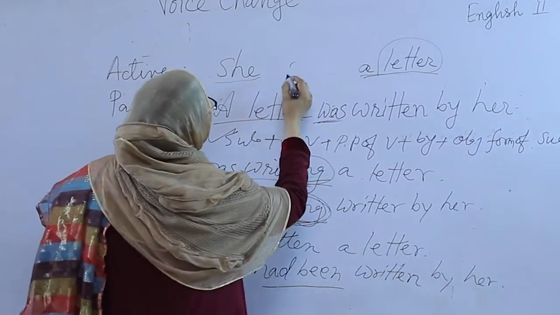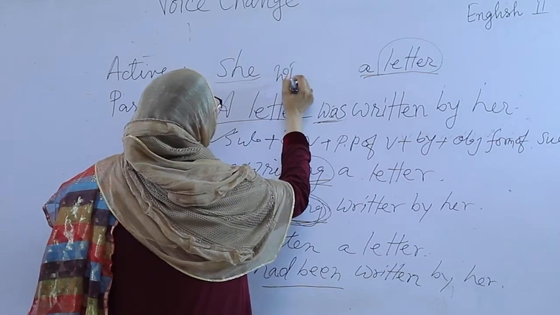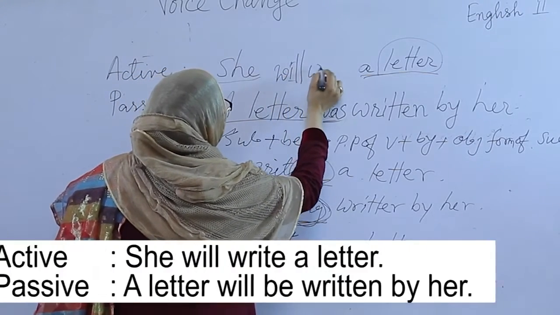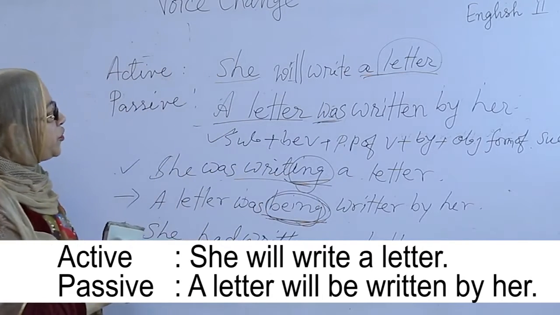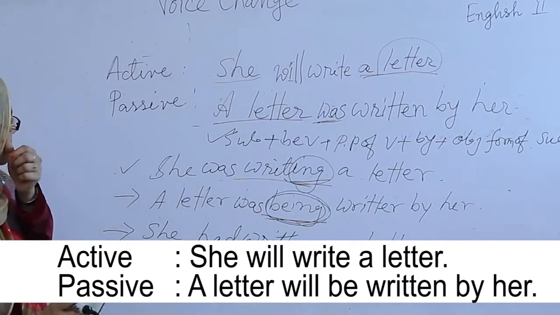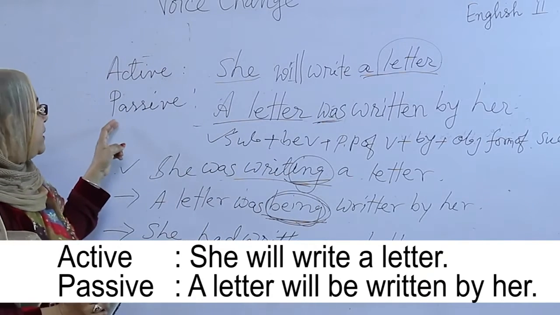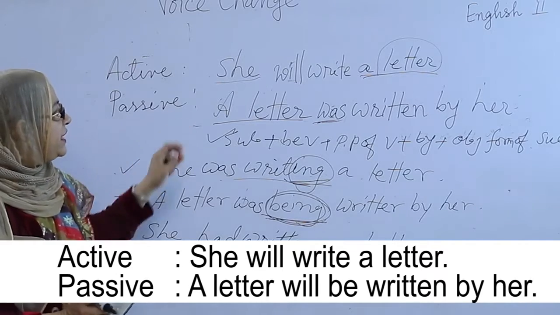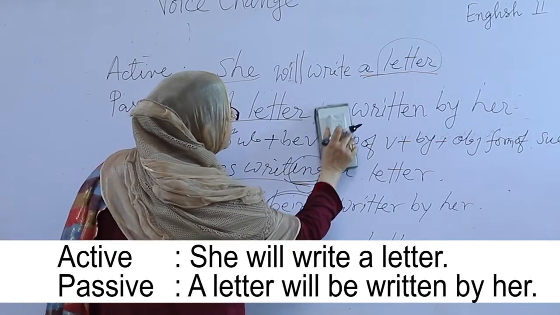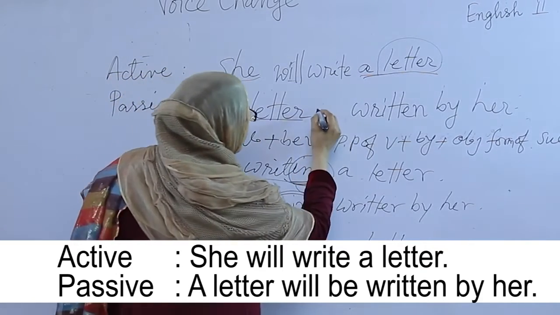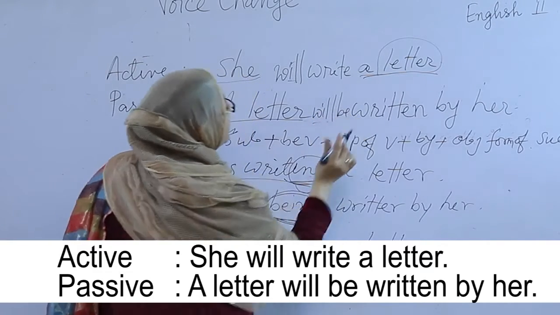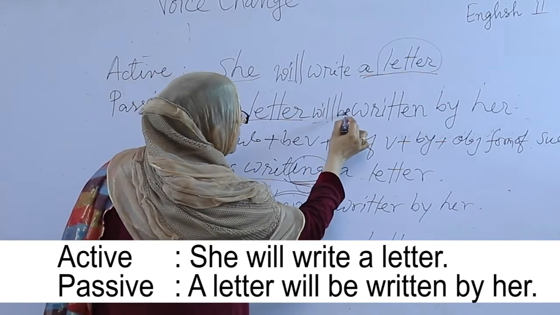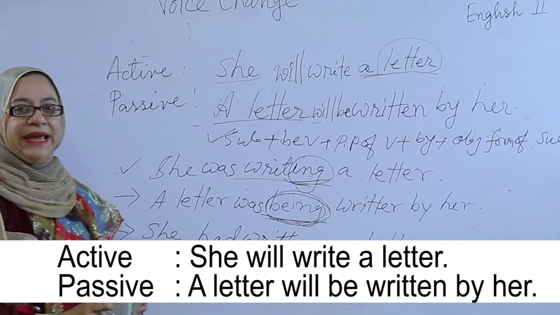Be attentive. She will write a letter. This is a future indefinite form of a sentence. When I turn it into passive, I use a letter will be. A letter will be written by her.